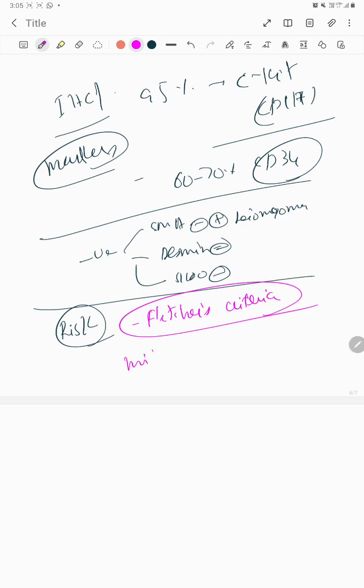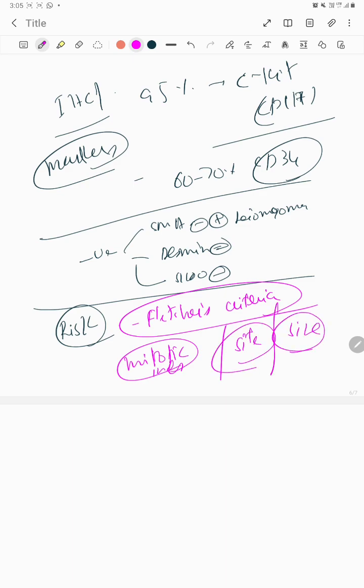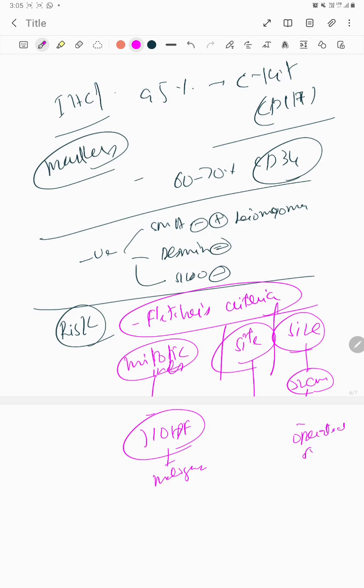It includes mitosis, mitotic index, the site, and the size. A mitotic index of more than 10 per high power field is worrisome and tends to be malignant. Similarly, site and size also play a role. More than 2 centimeter GIST has to be operated surgically.